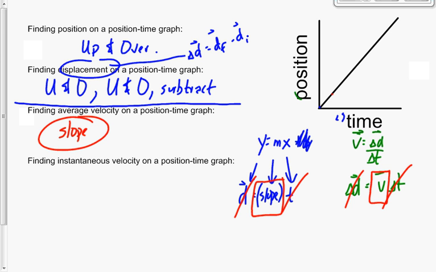Yes? You guys remember how to get the slope? I don't know if I'm real optimistic that you do remember with the way that you've answered my questions here earlier on this graph. Yeah, Dustin? Yeah, it's rise over run. Pick 2 points on the line far apart and go y2 minus y1.